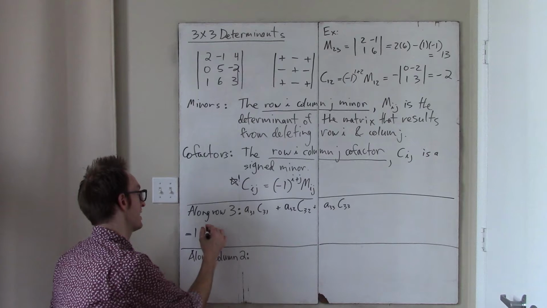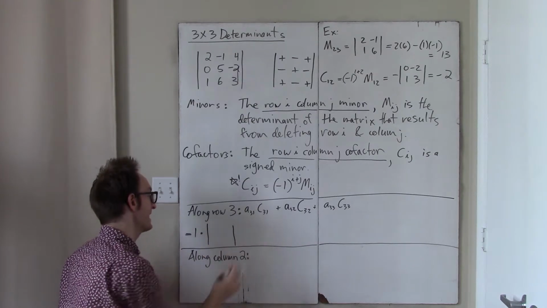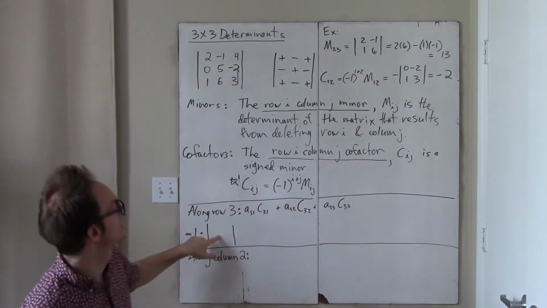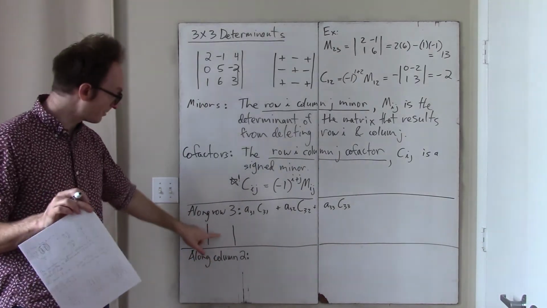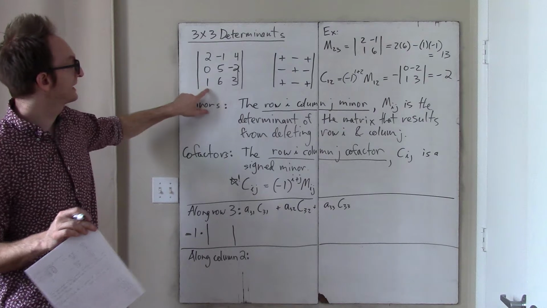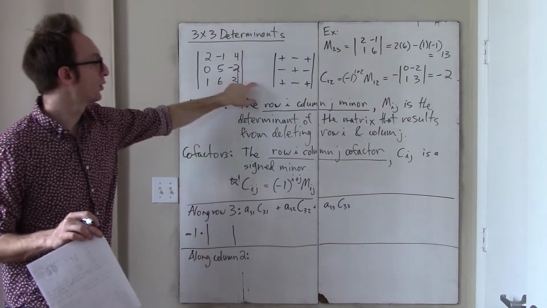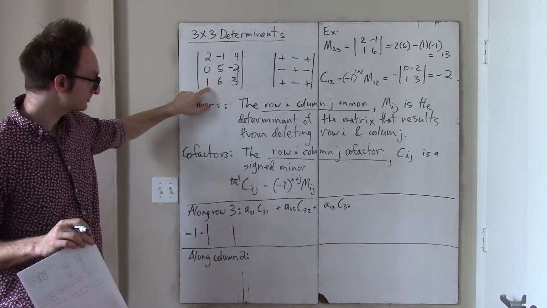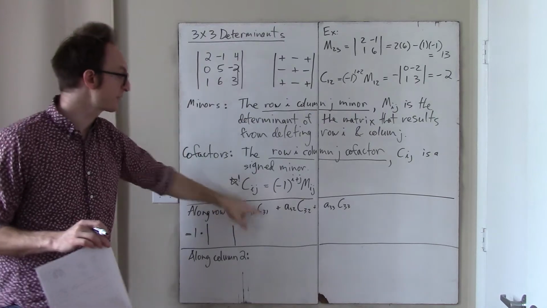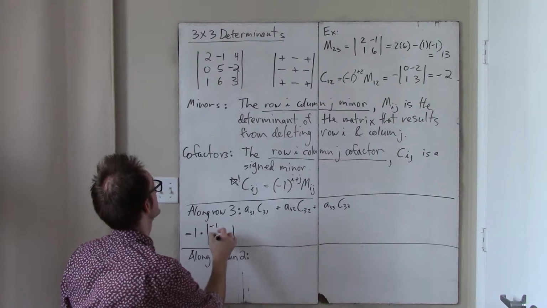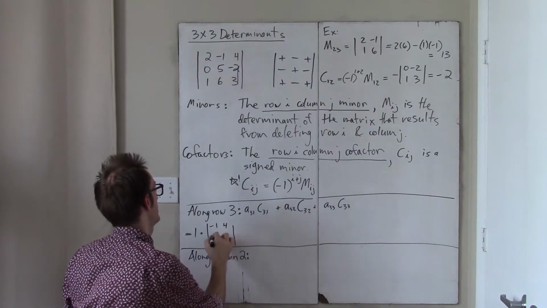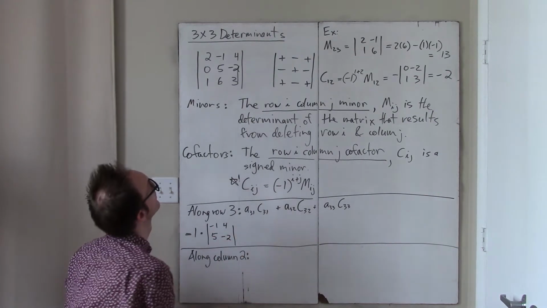So I'm just going to now multiply by the determinant of the 2 by 2 matrix that results from deleting this row 3 and column 1. Because that's what C31 is. I delete row 3, column 1, and I'm left with the 2 by 2 matrix, -1, 4, 5, -2.